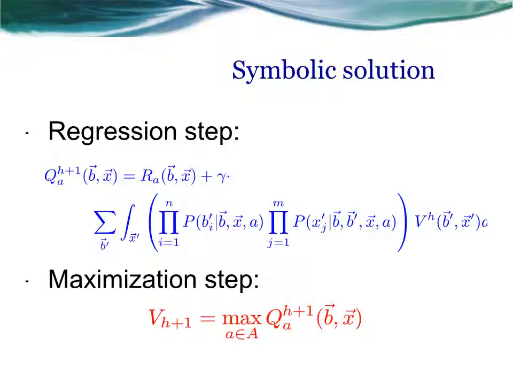Note that the discounted value is multiplied by all the possible transitions from the discrete variables of b and the continuous variables of x, and we take the sum over all possible discrete variables and the integral over all continuous variables. Next, we maximize this Q value, which is defined for each action, to come up with the best action that will lead us to the maximum value.